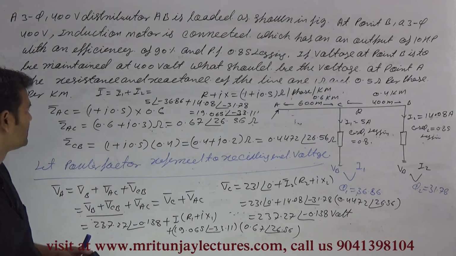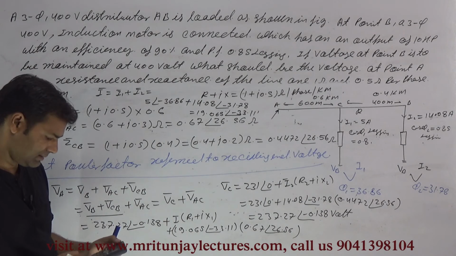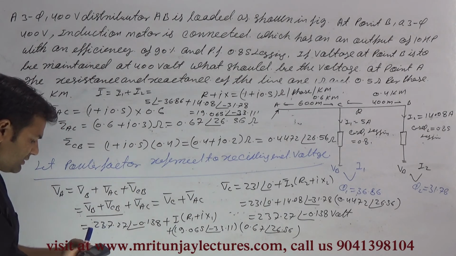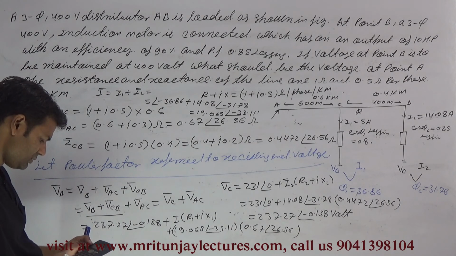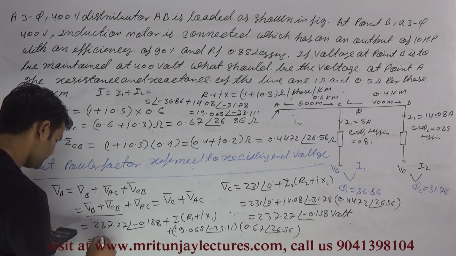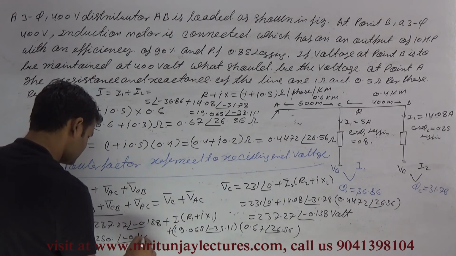So multiply by 0.67 at the angle 26.56. Finally it is converted, and plus 237.27 at the angle minus 0.138, and finally it is 250 at the angle minus 0.46.